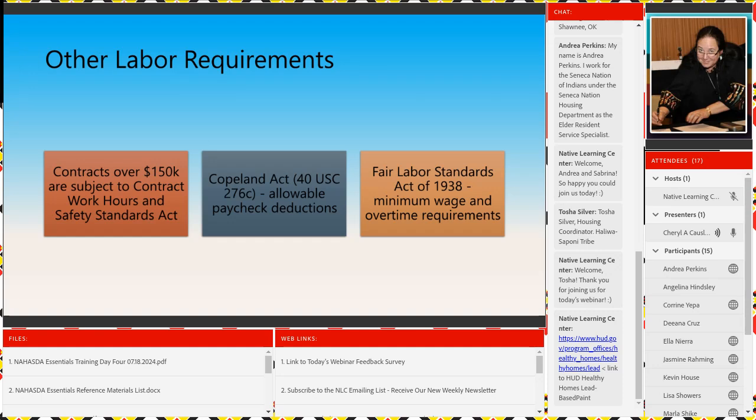Contracts over $150,000 again are subject to the Contract Work Hours and Safety Standards Act. The Copeland Act covers the allowable paycheck deductions. They don't want a contractor to pay Davis-Bacon wages that may be more than what he's paying, and then try to get it back through not-real paycheck deductions.